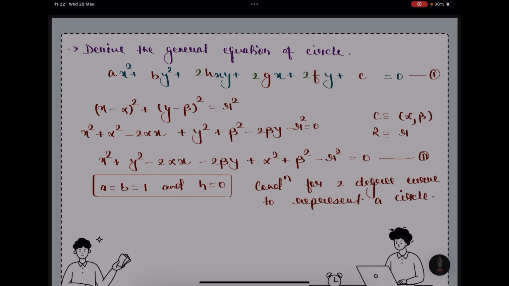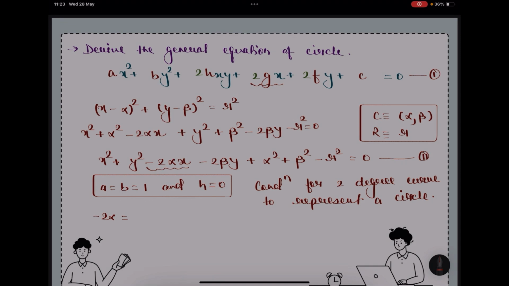Okay, now let's try to figure out what is the center. You know that the center was alpha comma beta, and you have alpha over here and beta over here. So we have to compare coefficient of x. Here coefficient of x is minus 2 alpha and here coefficient of x is 2g.